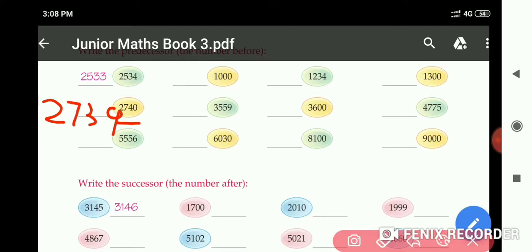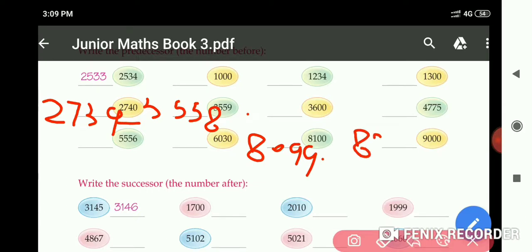See, 3559. So the number before 3559 is 3558. Now come to 8100. So what is the number? 8099. 9000, 8999.